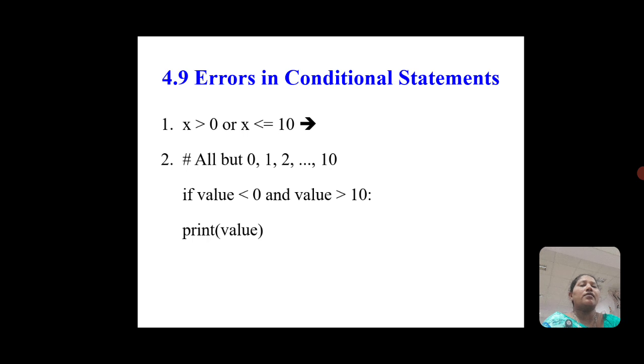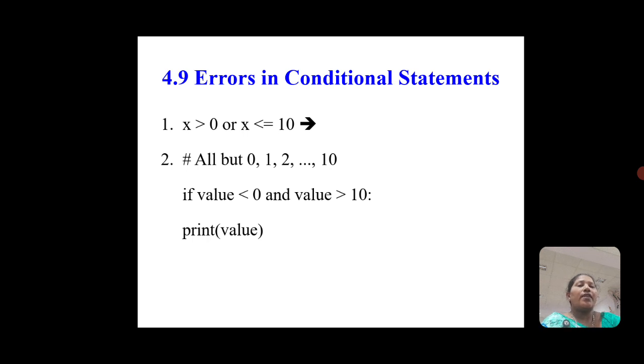But what is there in the second line? If value is less than 0 and at the same time value should be greater than 10. At the same time a value cannot be less than 0 and greater than 10. Assume the same value 7. Whether 7 is less than 0? No, it is false. And whether 7 is greater than 10? Yes.